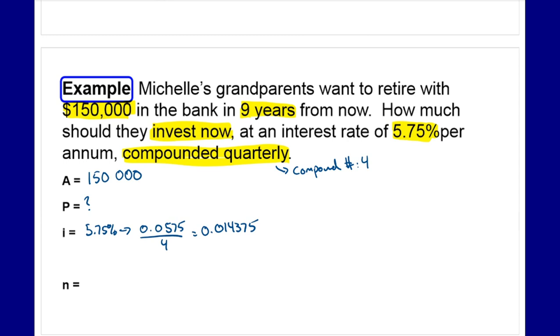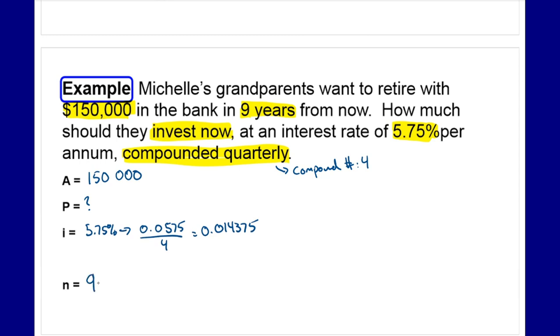If you get a very large number with many decimal places and you don't want to go that far, at least keep 3 or 4 significant digits. I wouldn't count the 0 as a decimal place, but the 1, the 4, the 3, and maybe the 7, which we would round up to an 8 if you had more decimal places after it. Just something to be mindful of when you're doing these calculations.